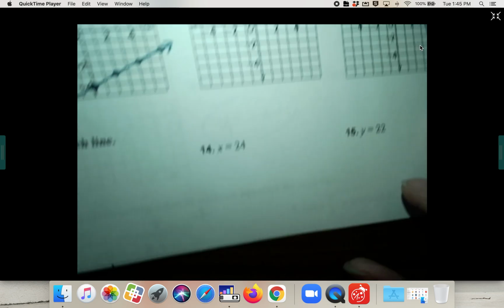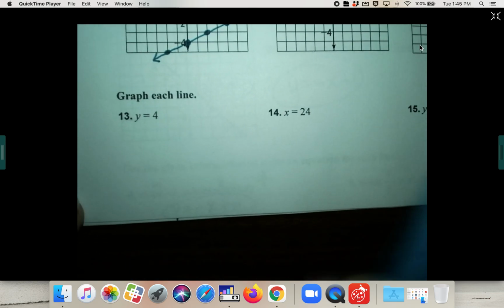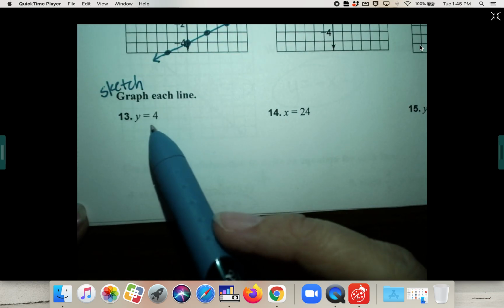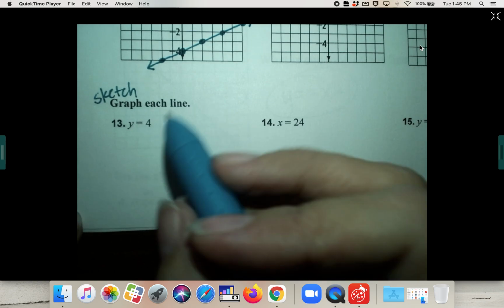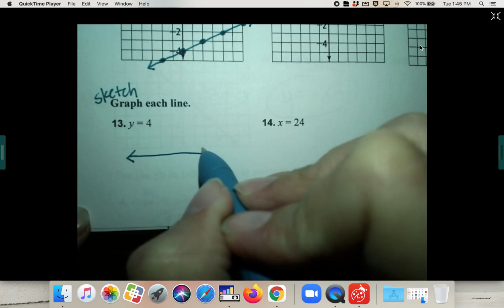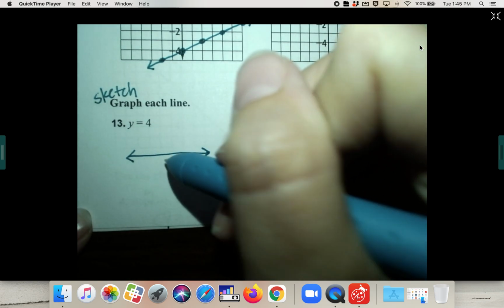All right, I didn't give you graph paper for the bottom 3. I just wanted to do a quick reminder. I should have said sketch. So if you sketch the graph for each line, a y equals line, do you guys remember hopefully what a y equals line looks like? A y equals line is going to be horizontal on the 4.